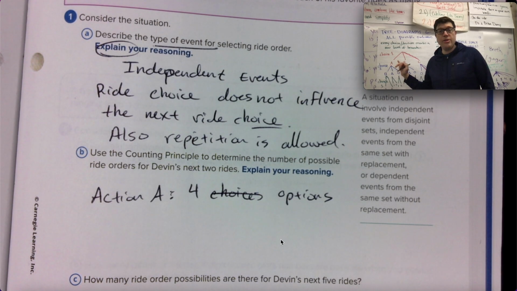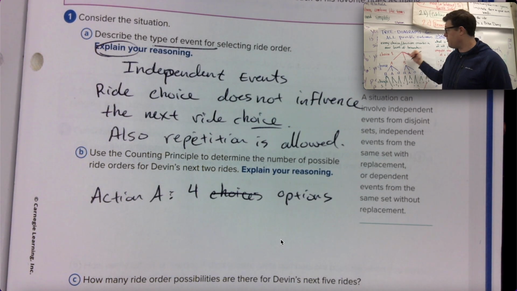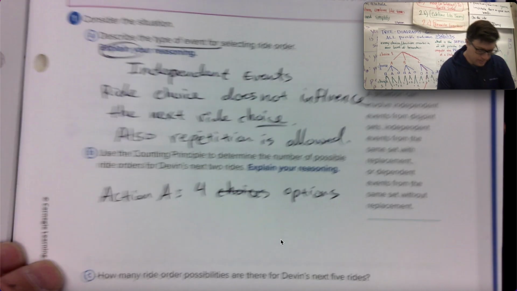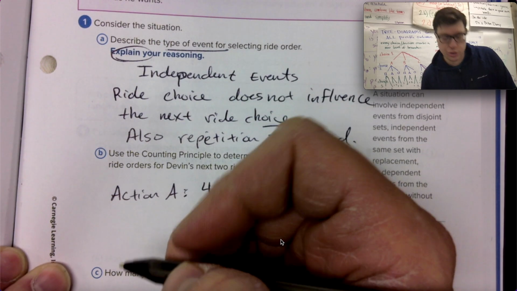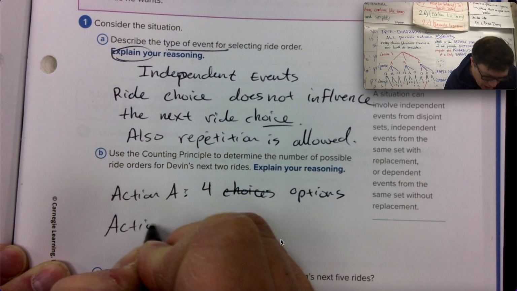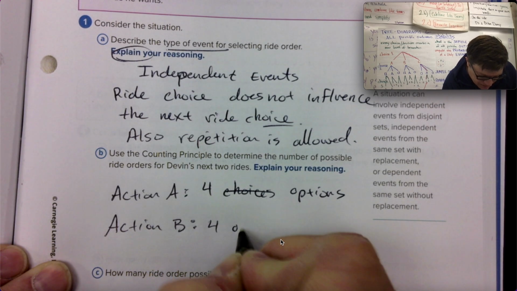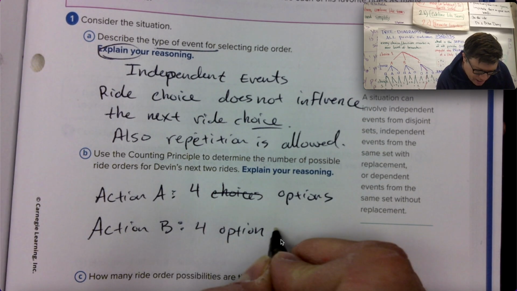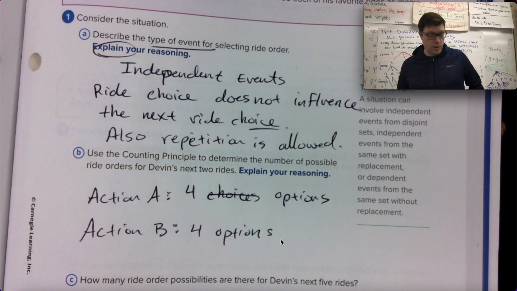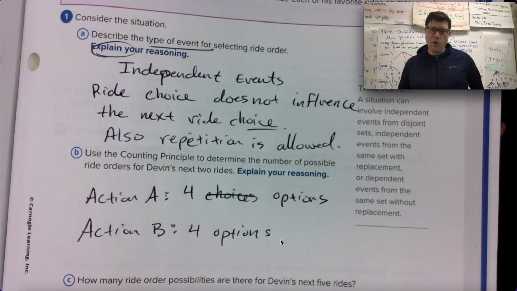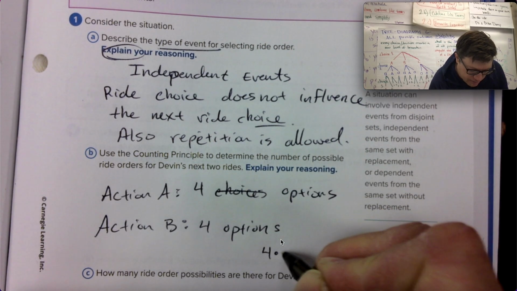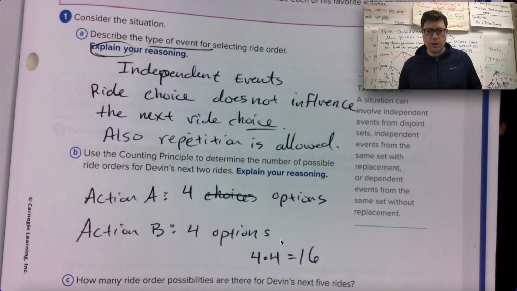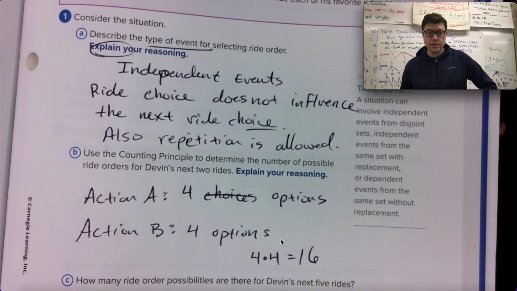And then after the ride is over, now what? He still has 4 choices available because you don't eliminate an option. So if there are 4 options in the first action and then in the second ride, the second action, there are still 4 options, that means he has a combined total of 16 total scenarios that he could explore the park in that 2-ride order.